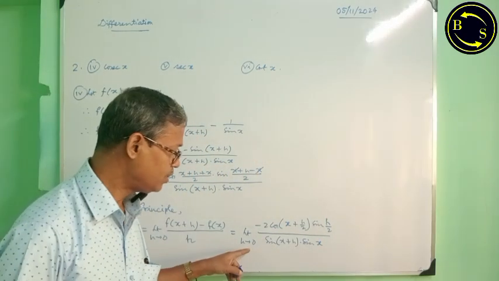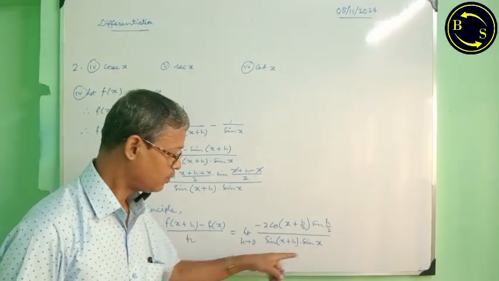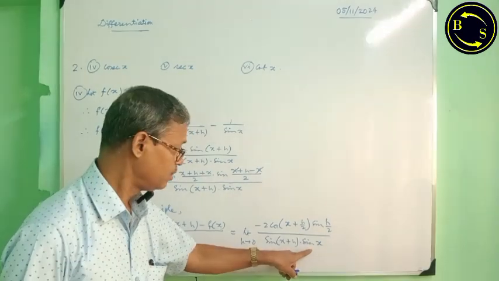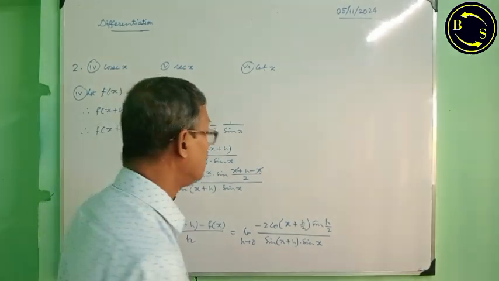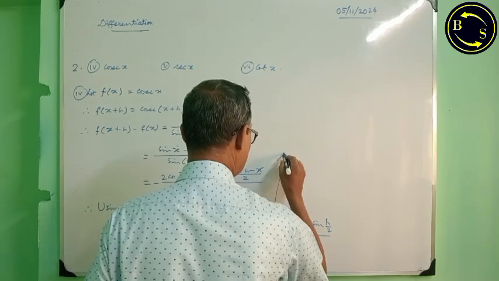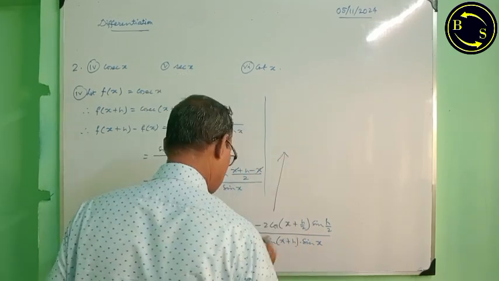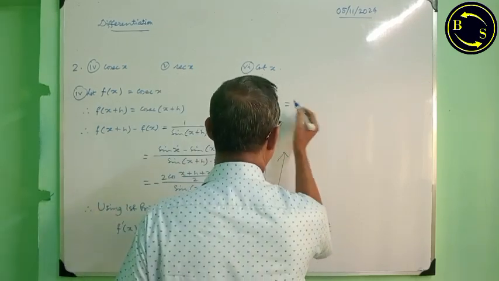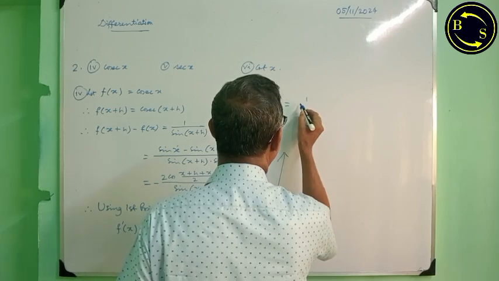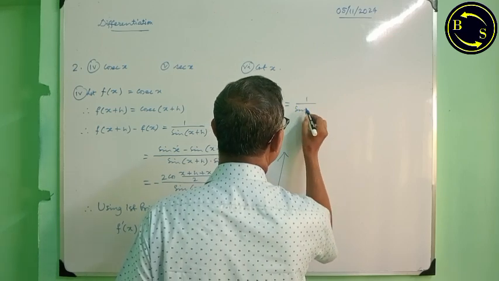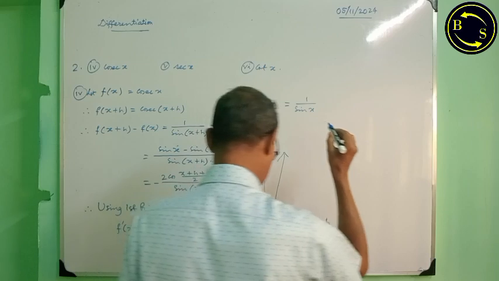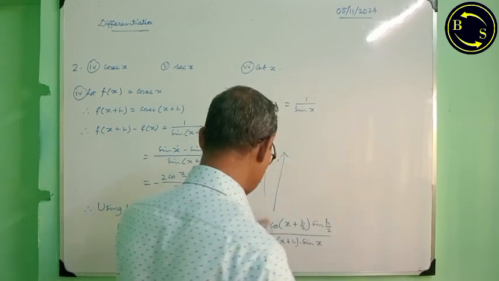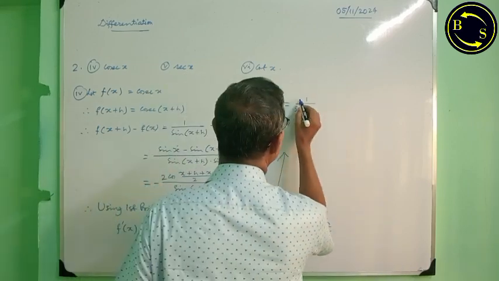Now you see h is the variable, therefore this sine x is constant in this case. It will be taken outside, 1 by sine x. Minus 2 is also there, we can take that.